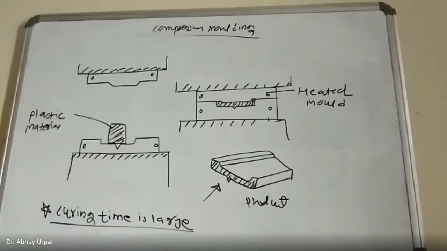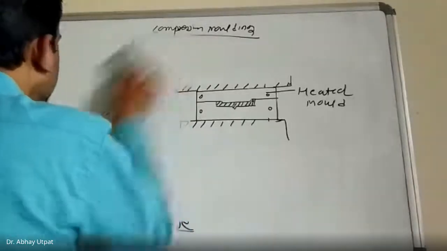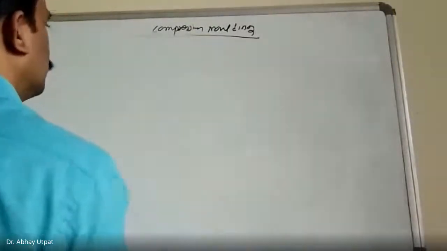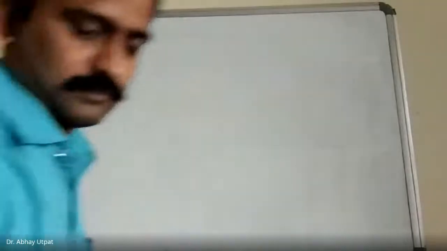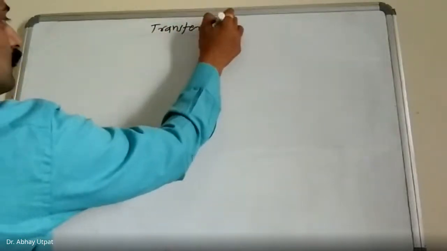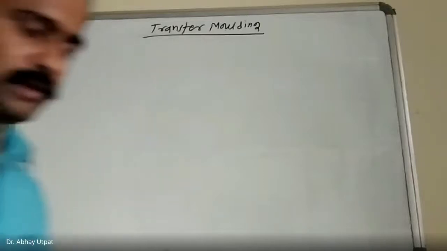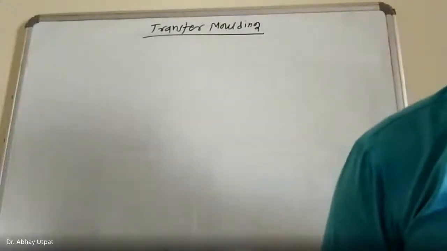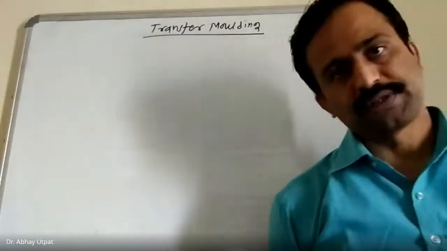The next topic of today's class is transfer molding. This process works on the principle of compression molding, and it is also used for thermosetting plastics.